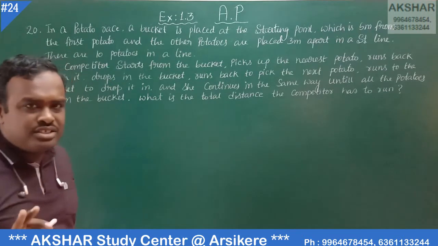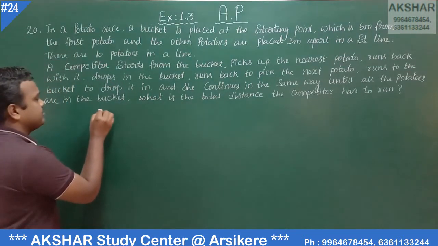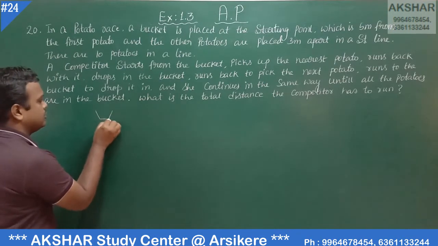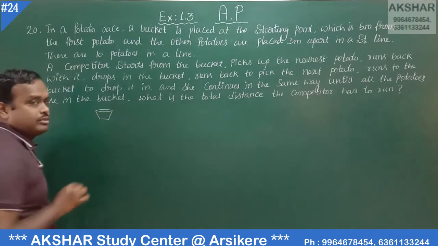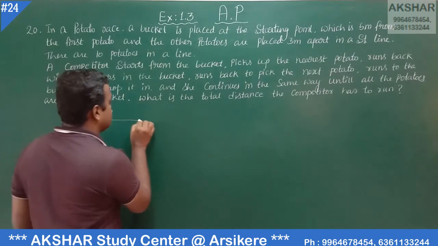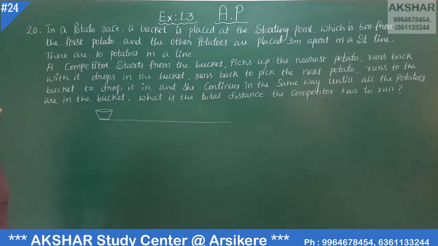Okay children, see here. For easy understanding, I will draw a rough diagram. Here is a bucket. This bucket and all the potatoes are in the same straight line. Am I correct? Okay.